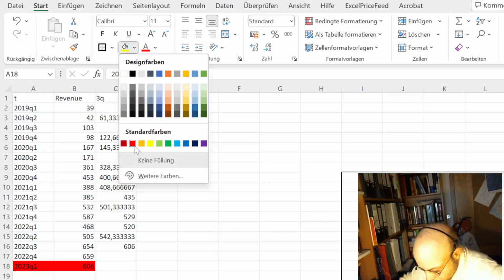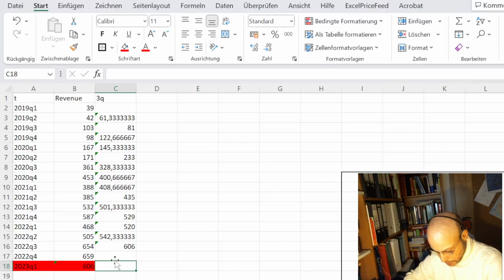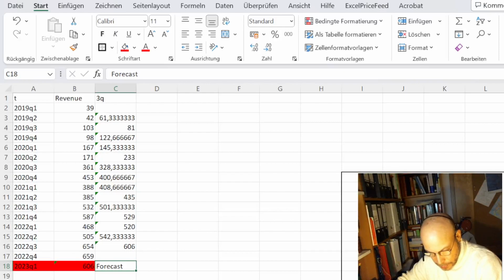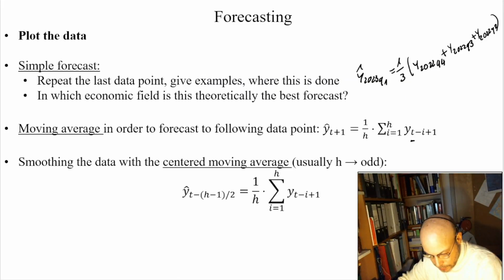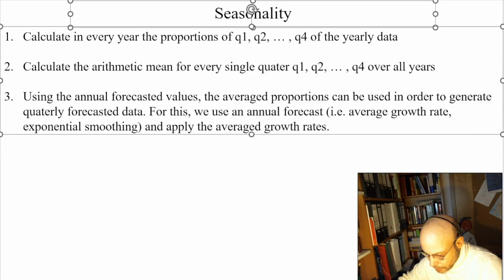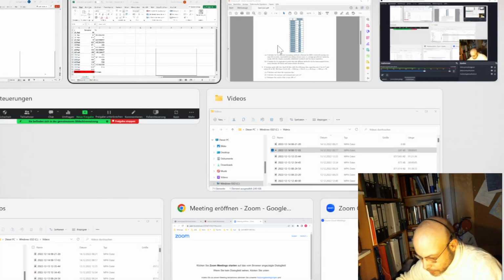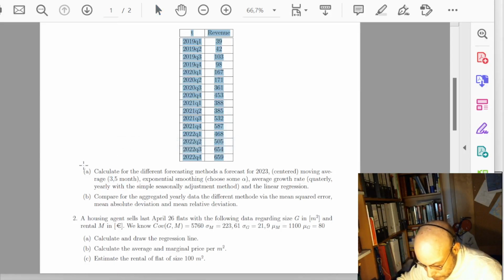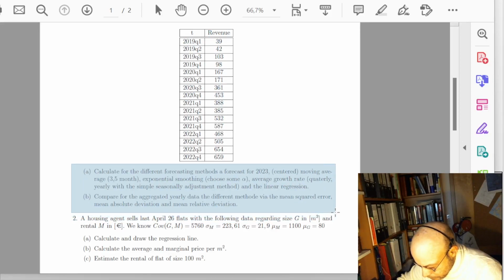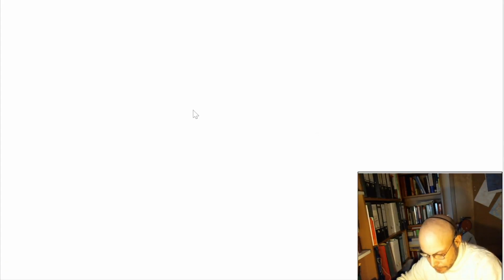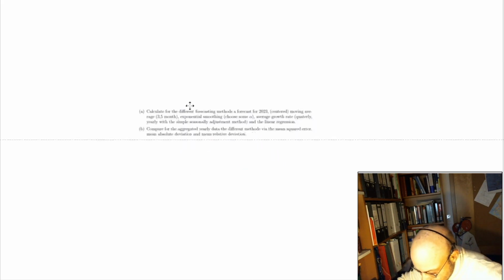This in red, and this is our forecast. So, and let's also take the first task.